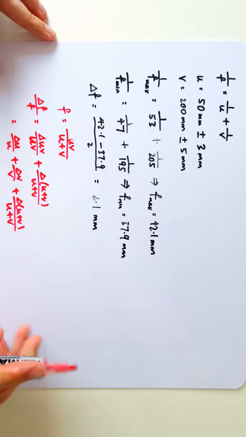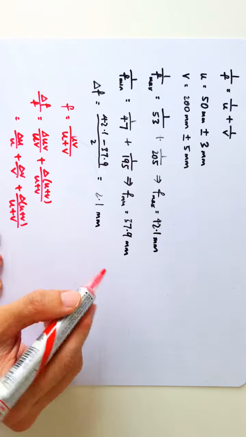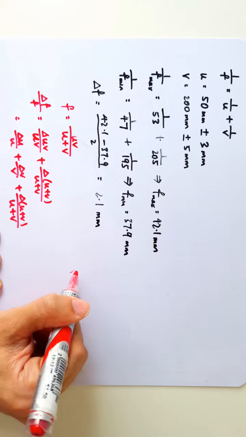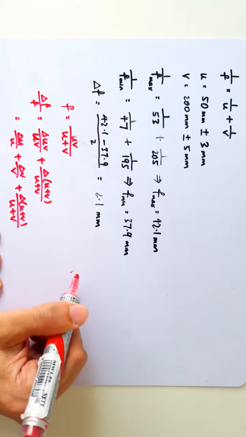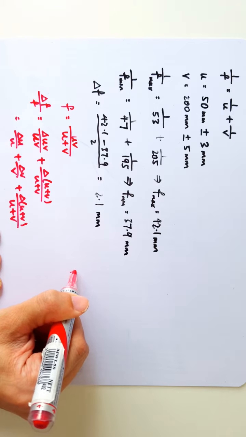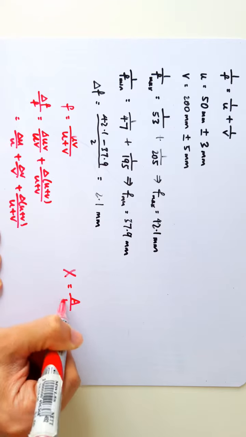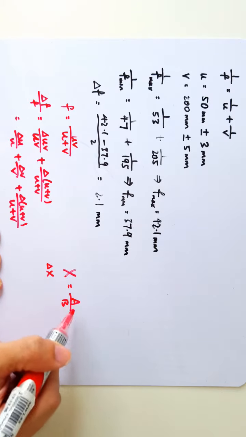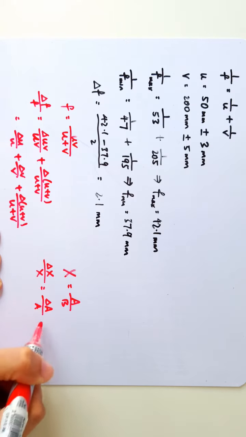So what's the problem? Okay, to understand the problem, you've got to recall the underlying assumptions for this rule. So let's say x is a divided by b, and so we have this rule that says that when it's multiplication or division of terms, we can just add up their fractional uncertainties.